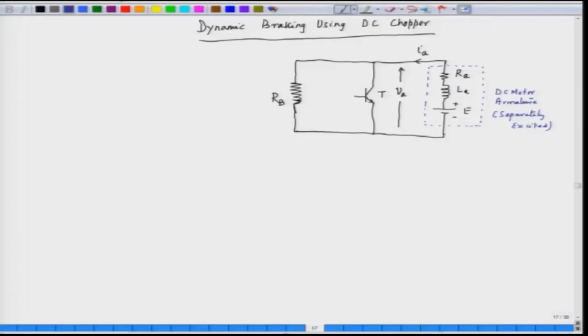Now, what we have here is the switch, and we have sufficient armature inductance to make the current almost ripple free.